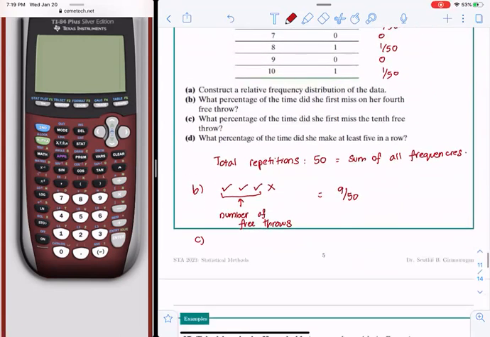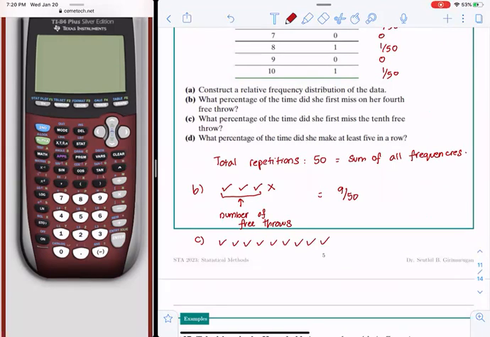So that would actually be 0. Because if she misses the 10th free throw, that would simply mean she succeeded 9 times: 1, 2, 3, 4, 5, 6, 7, 8, 9.